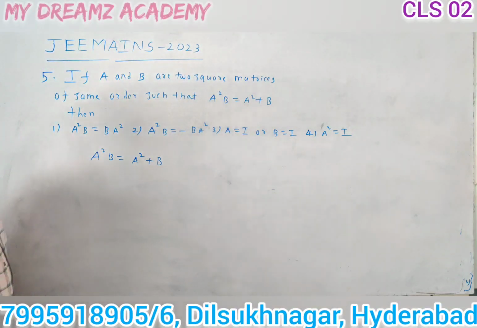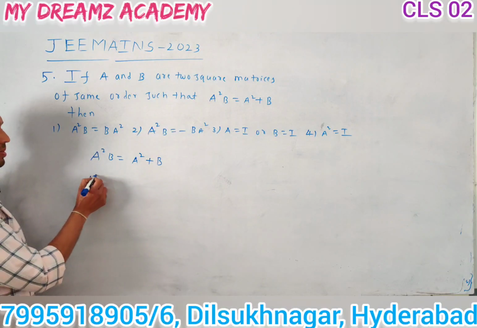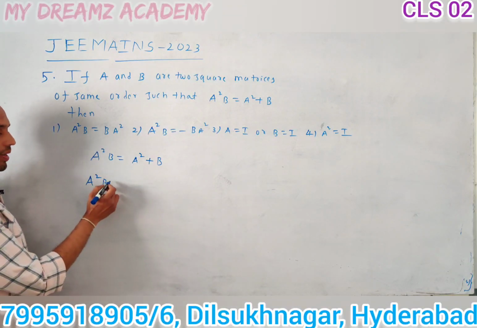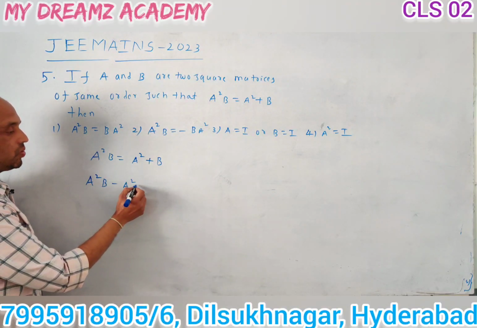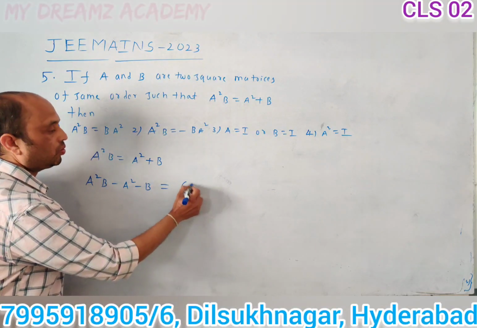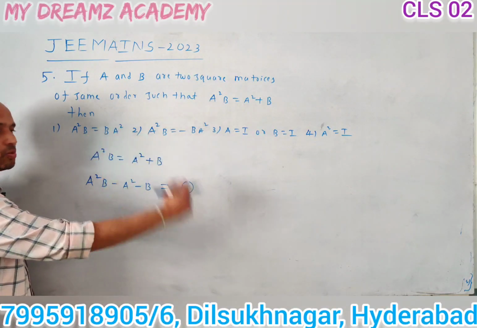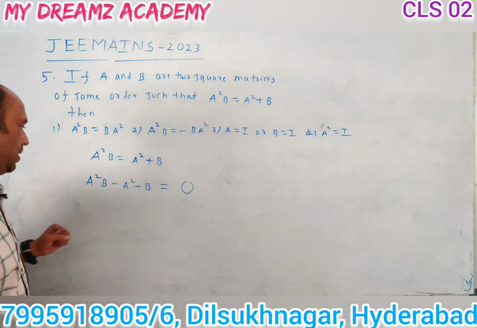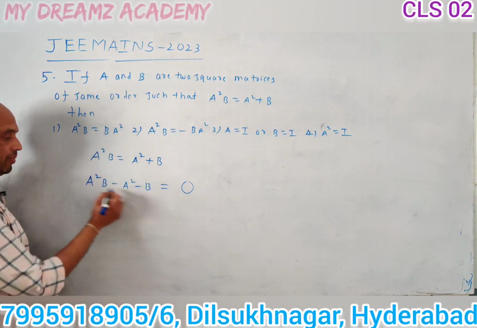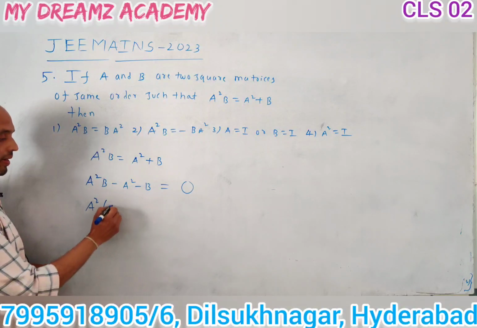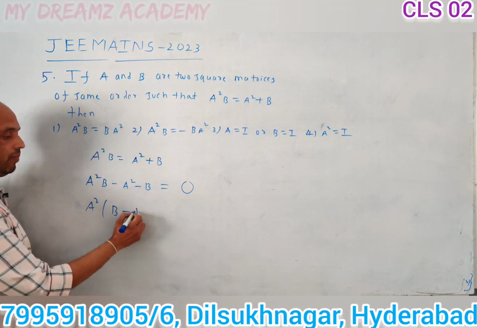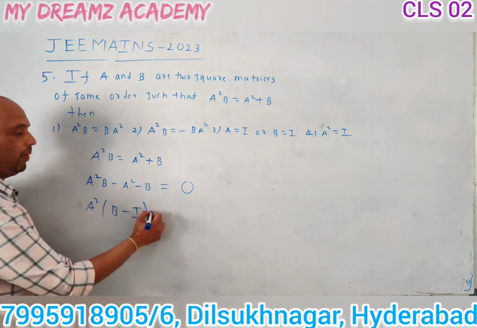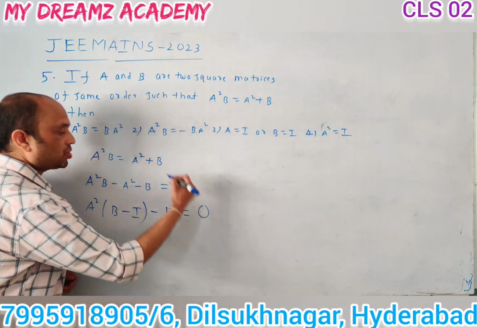First, I am simplifying this equation. A square B minus A square minus B equals 0. Bring all terms from RHS to LHS. Now take A square common from the first two terms: A square into B minus I, where 1 means I, minus B equals 0.